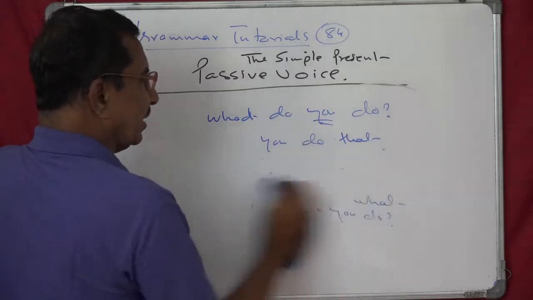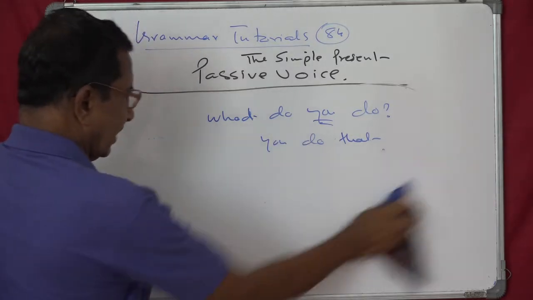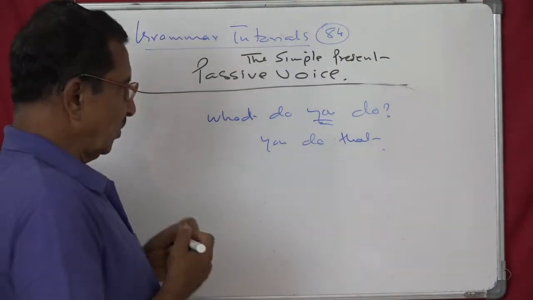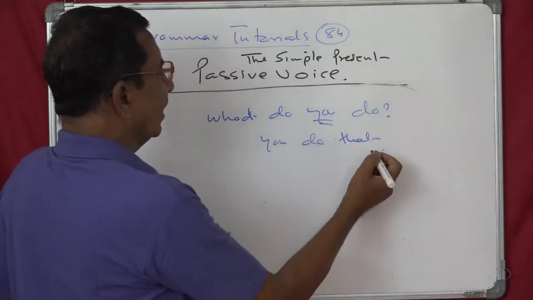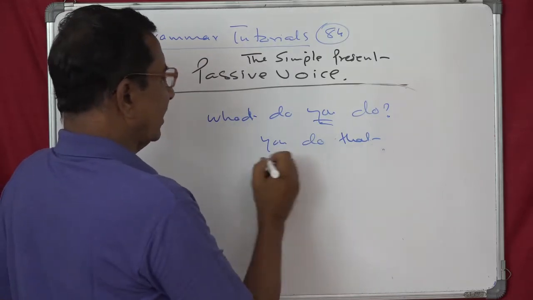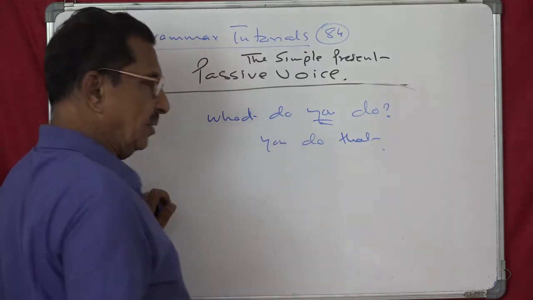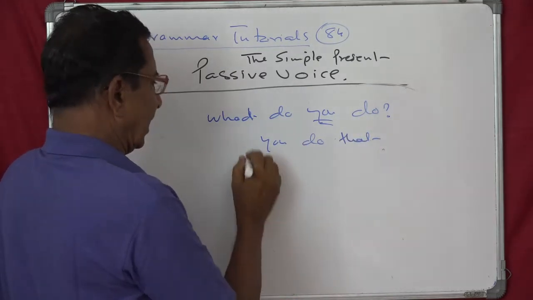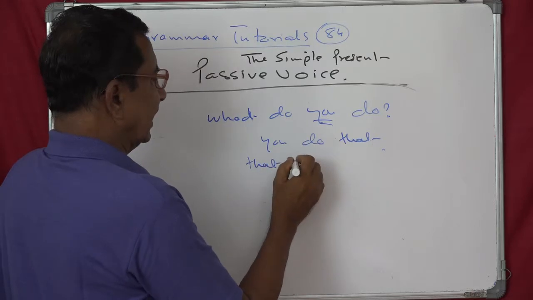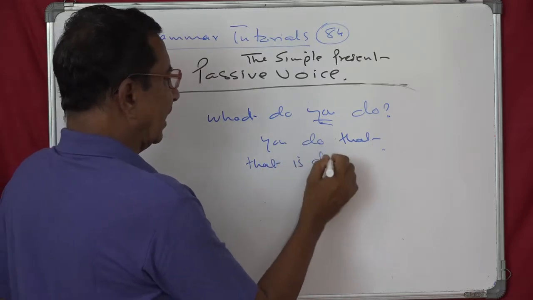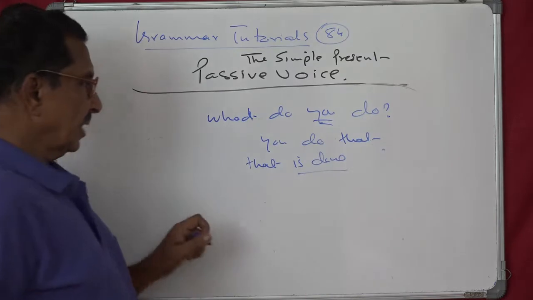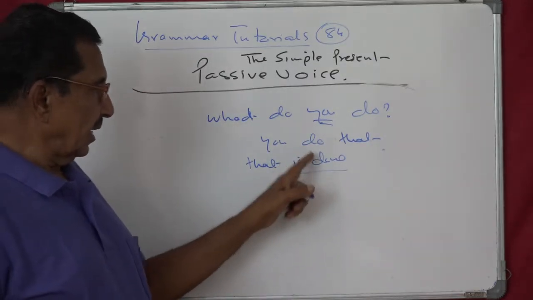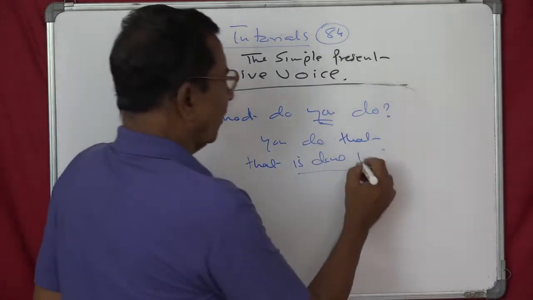What do you do? I suppose you understand. You do that, alright? Yes, good. And then now it's easy. You do that. What is the passive? You do that. So that will become first, that is done. To be plus past participle. Is because third person singular. Done by you.